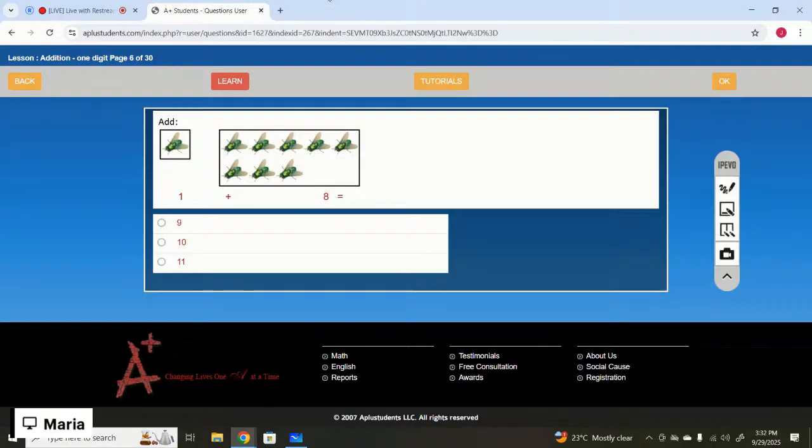Add 1 plus 8. 8 plus 1 makes 9. The correct option is 9. Option number 1 is the correct option.